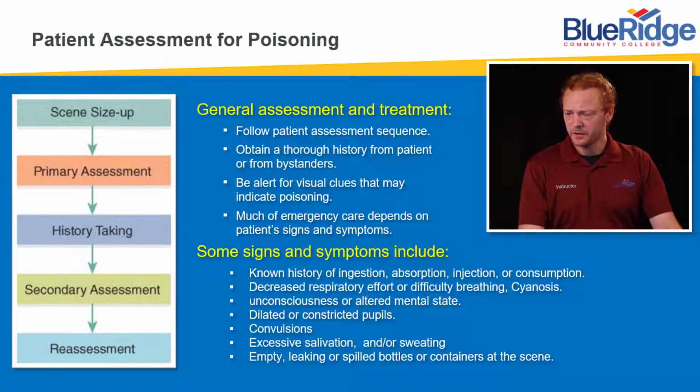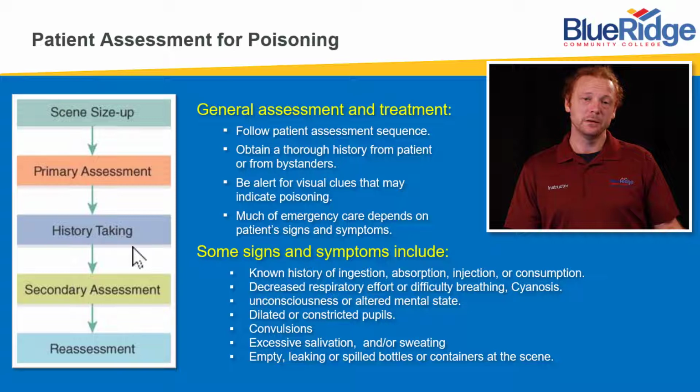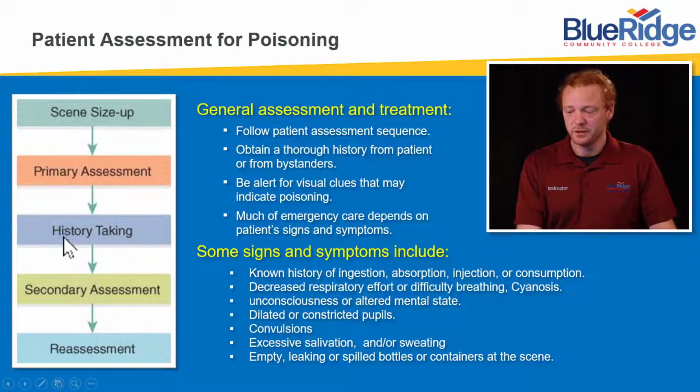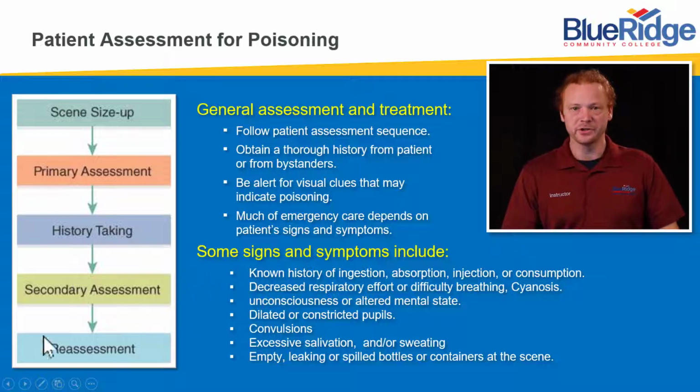After our scene size up, we're going to conduct our primary assessment, do our history taking, our SAMPLE history, ideally through the patient, if not, through bystanders, family members, or healthcare providers, and then perform our secondary assessment, and then reassess throughout our patient contact.